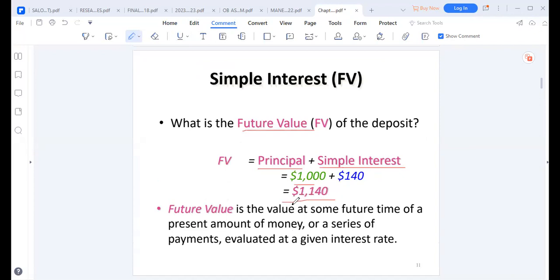So meaning our future value with the simple interest will be 1,140. So a future value is simply the value at some future time that you're going to have of the present amount that you have, evaluated with a given interest rate.